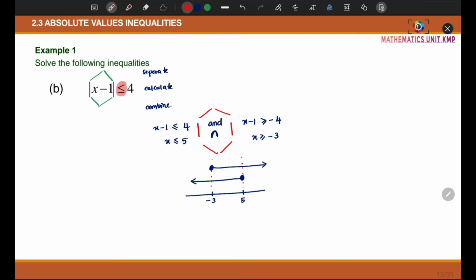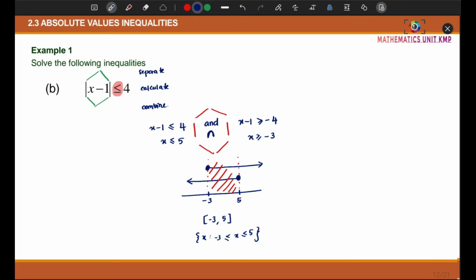The intersection is in this interval. So our answer is negative 3, 5. So this is the interval solution. If you want to write it in the solution set, we will write it as x such that x less than or equal to 5 and greater than or equal to negative 3.